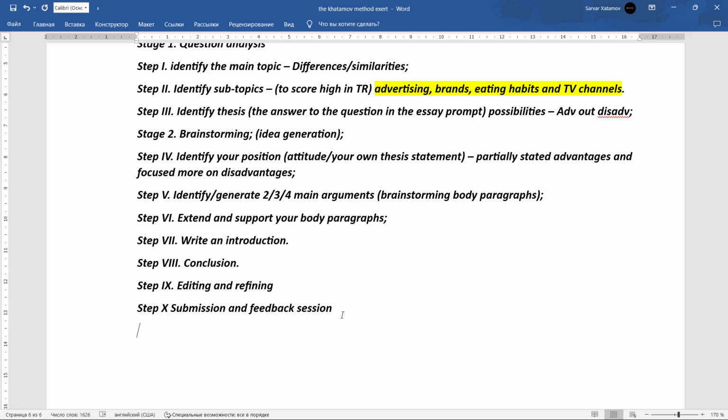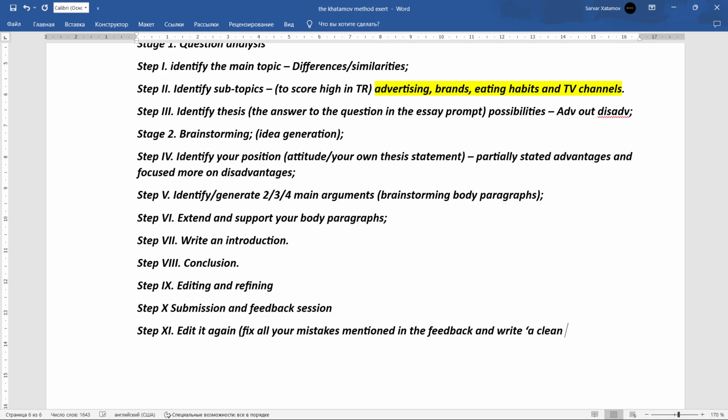But there's also this super secret step, step 11, where you get your essay back, you edit it again, so you basically fix all your mistakes mentioned in the feedback, and write a clean version.